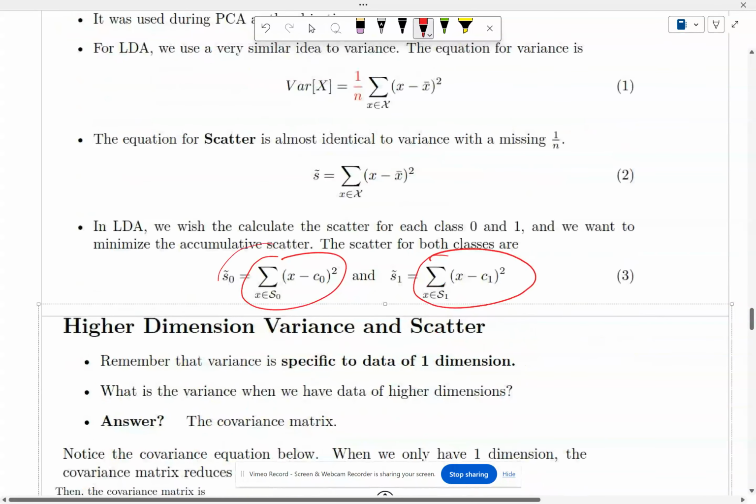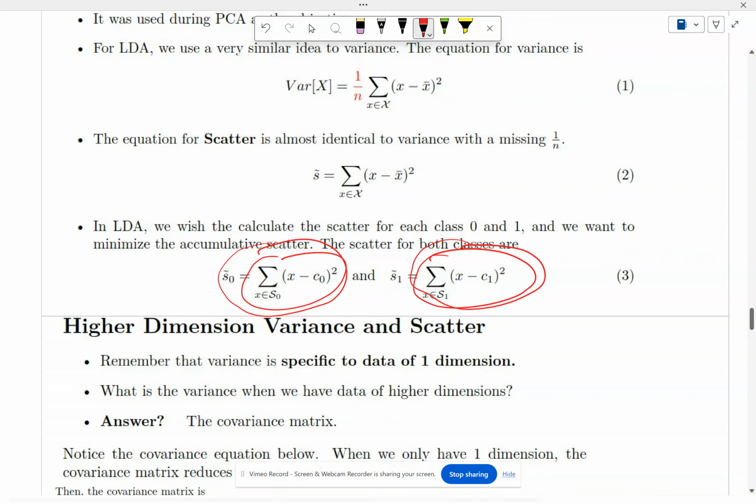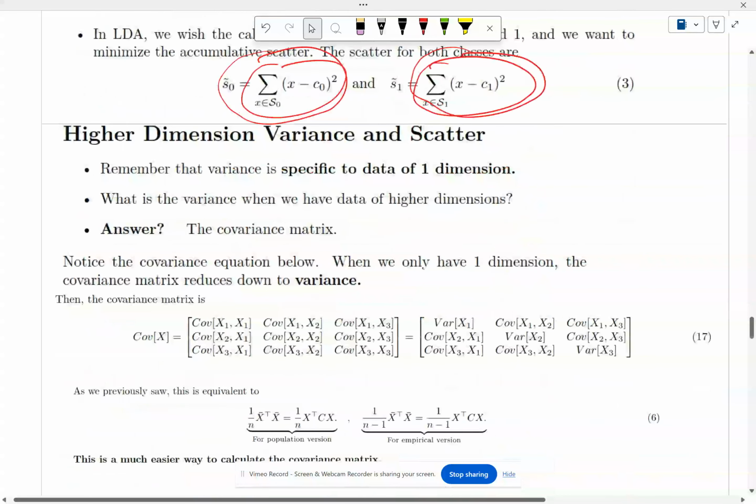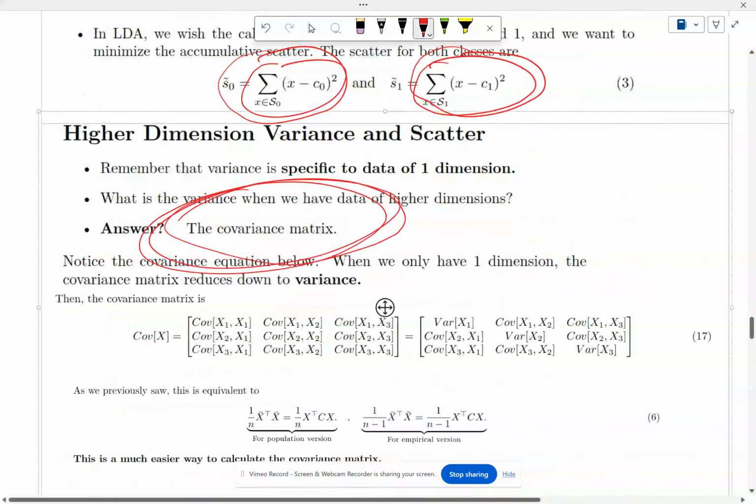Now, we can calculate this. At this point, you know how to calculate variance. But when the data becomes high dimensional, as we learned last class in PCA, instead of calculating variance we want to calculate the covariance matrix.